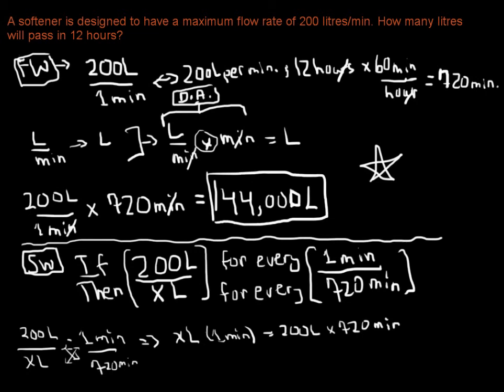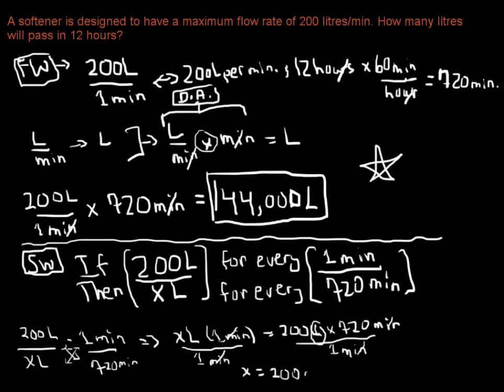If you weren't including units, you wouldn't even consider this 1, because anything times 1 is itself. But if you just wanted to get rid of the units, we divide both sides by 1 minute to get x liters by itself. Now you're just left with x, because minutes and minutes cancel out and it leaves you with liters. So now you can drop the units.